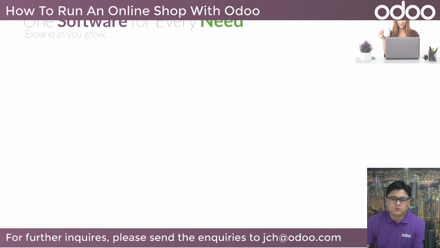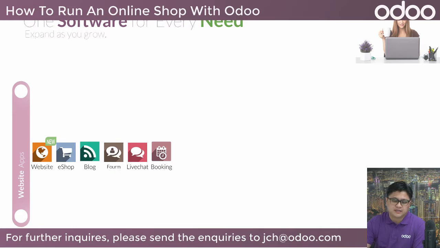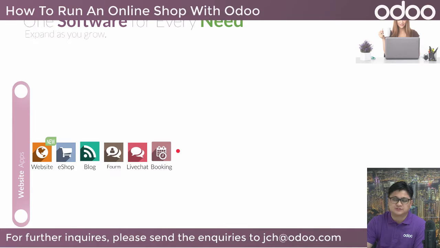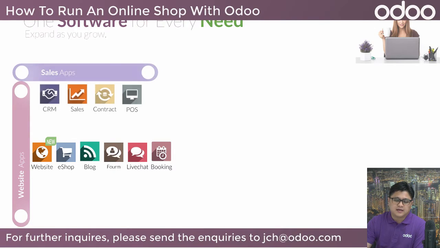And what is Odoo all about? Odoo is out-of-the-box software, which is one software for every need. As you can see here, for today's topic, we can use the website and e-shop function, and also online booking for people who have a consultant firm or service company. We also have the blog to publish articles to the public.